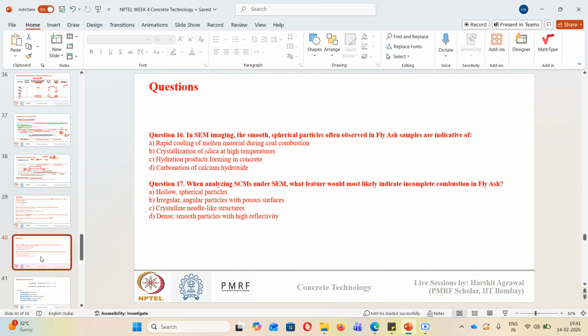Now, answer these two questions also. In SEM imaging, the smooth spherical particles observed in fly ash samples are indicative of what? Why are there smooth spherical particles in fly ash? What is the reason behind getting a smooth spherical particle?